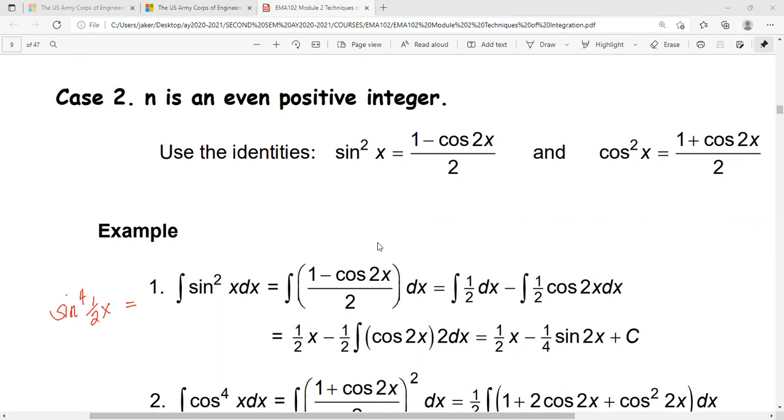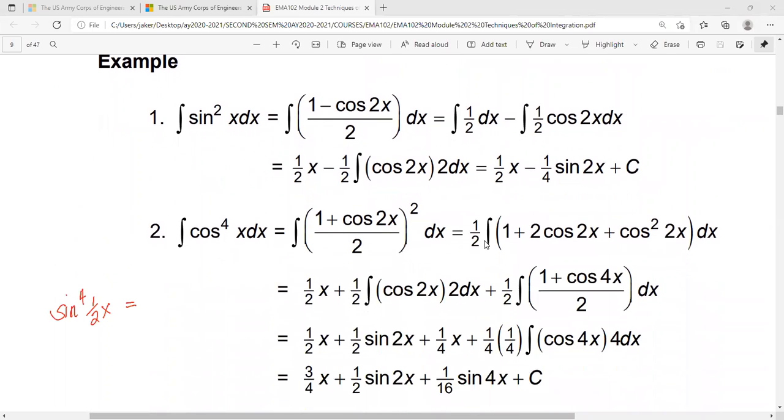So I will ask you then, if you're going to use the same principle as illustrated here, in the sine squared x and in the cosine squared x, what should be the equivalent identity of the sine of 1/2 x raised to 4? Because don't expect me that I will give you something like this as well. It will be an application of the examples that you have in here, but never will it be similar to the examples.